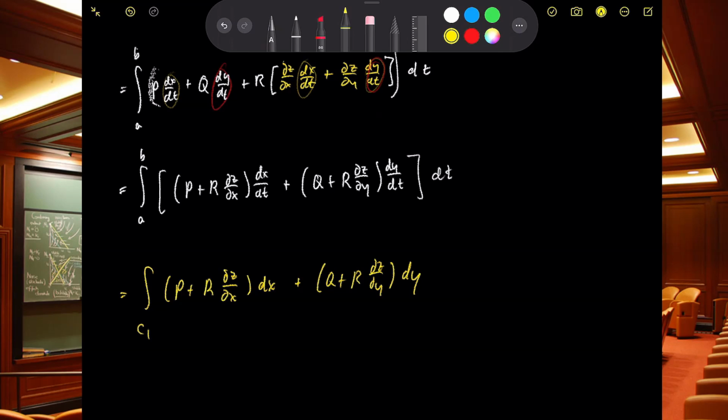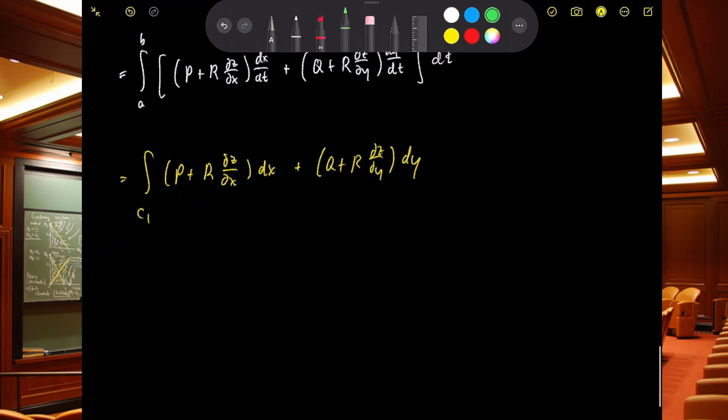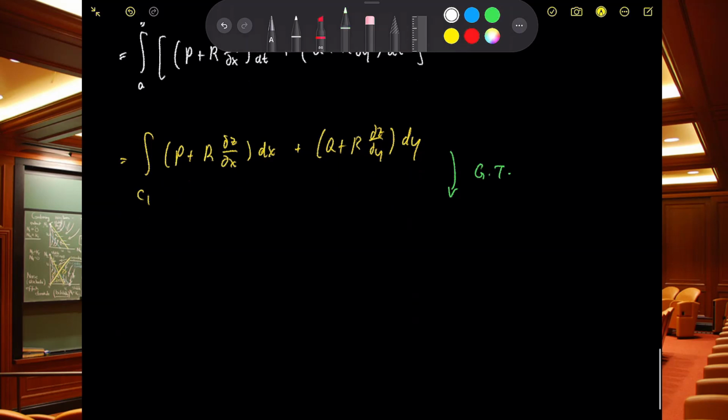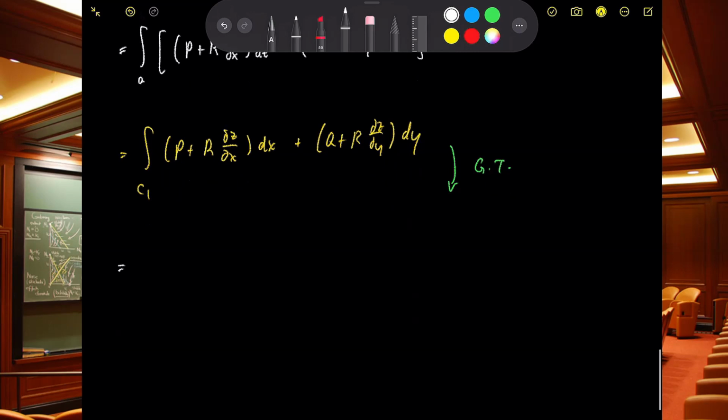Well, we have a line integral that's a scalar dx plus a scalar dy. So we can actually apply Green's theorem here. So think about how Green's theorem would apply. It relates the line integral through a vector field to the double integral over the region. And so we can rewrite this again.